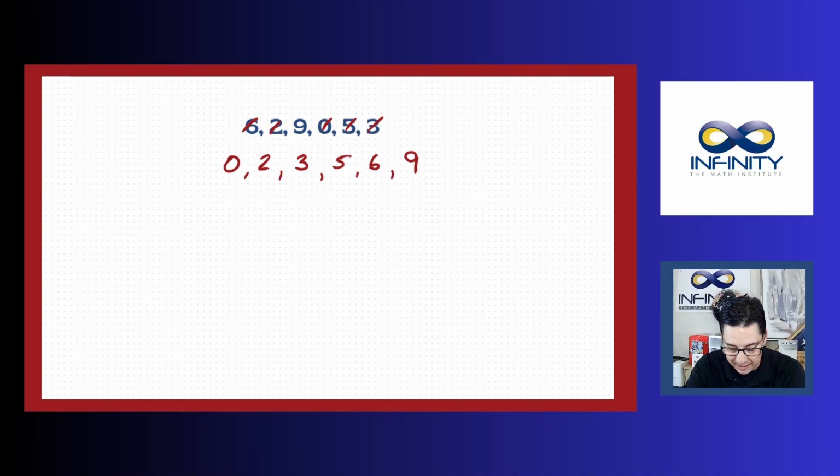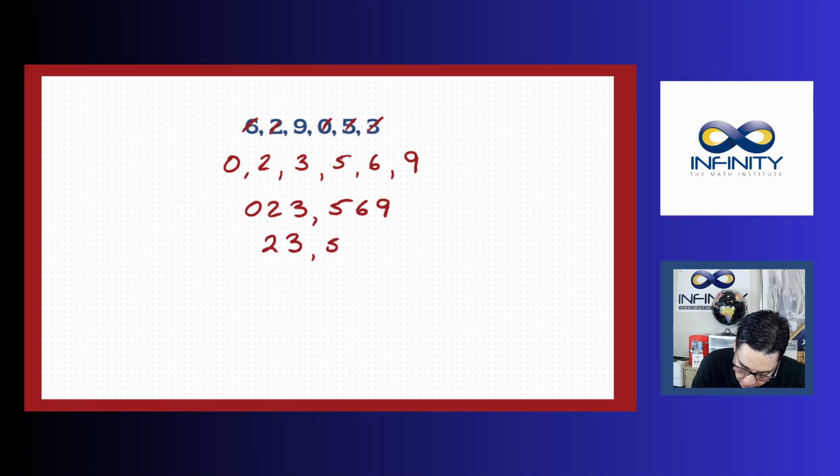Otherwise, it'll just be a 5-digit number. This is not a 6-digit number, because that's the same thing as just writing 23,569, which is a 5-digit number, right?